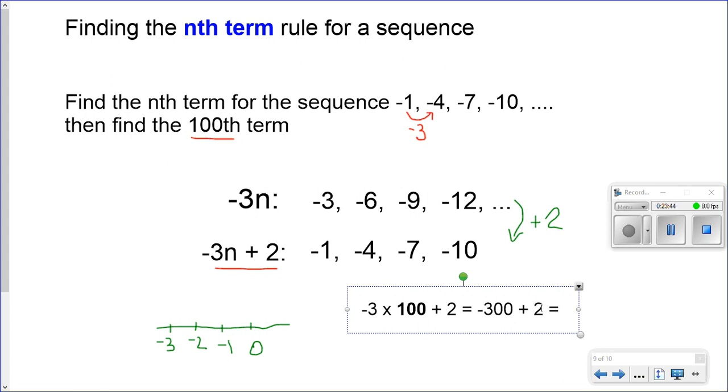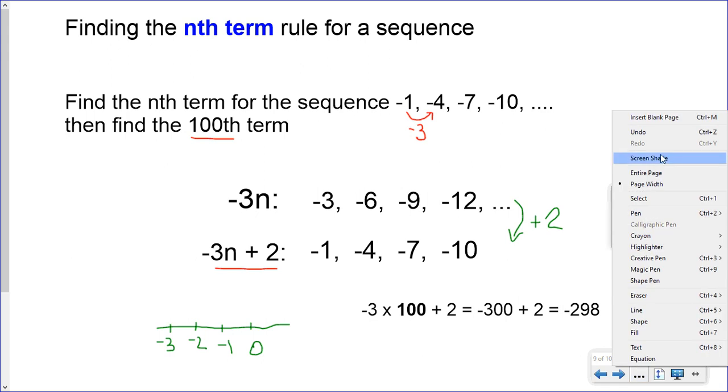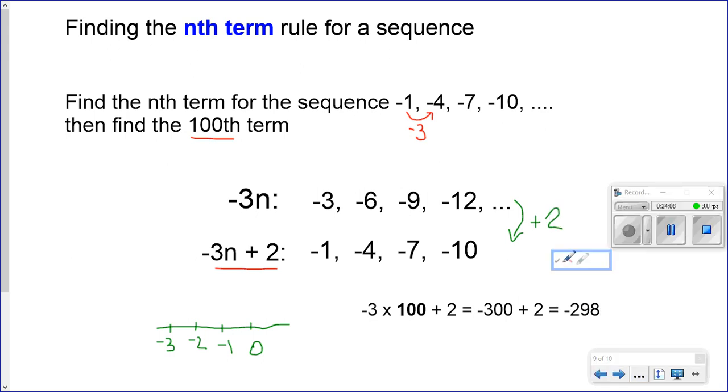By adding on 2, I shouldn't be going deeper into the negatives. I should be going towards the positive numbers. I would actually be decreasing through the negatives when I add on a number. So decreasing through the negatives by 2 places would give us -298. And that would be our 100th term.